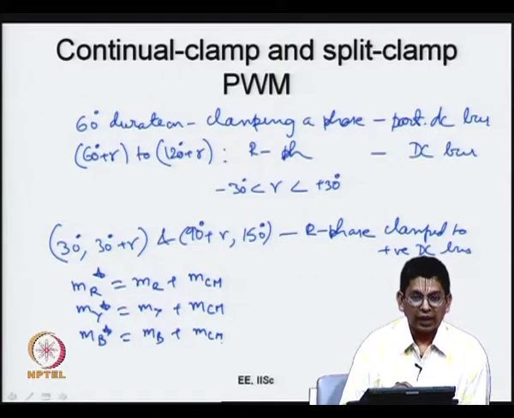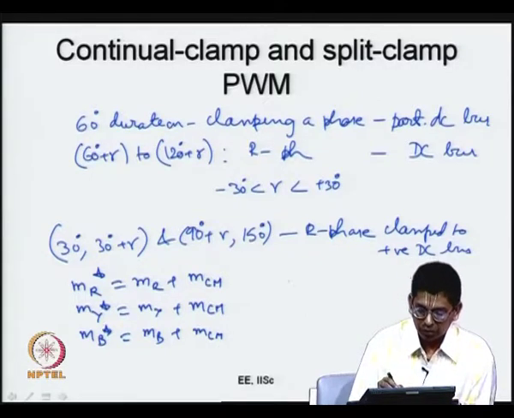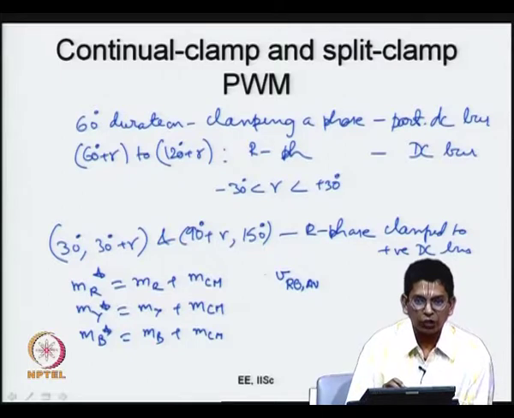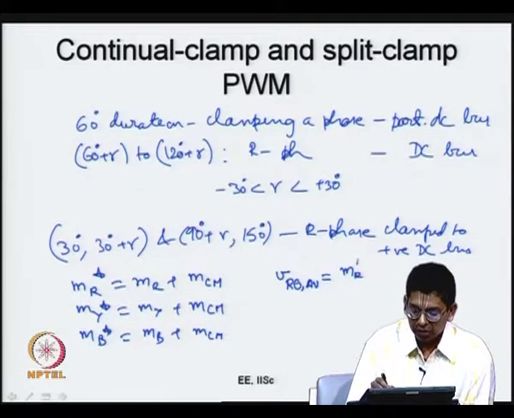So, what you really have is, if you look at the average pole voltage, pole meaning the midpoint of this, VRO measured with respect to the midpoint, and its average value, average meaning this VRO is averaged over a half carrier cycle. If you do that, what you are going to get here is MR star upon Vp times Vdc by 2.